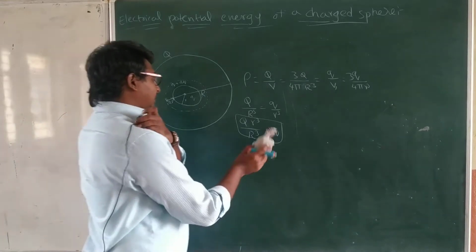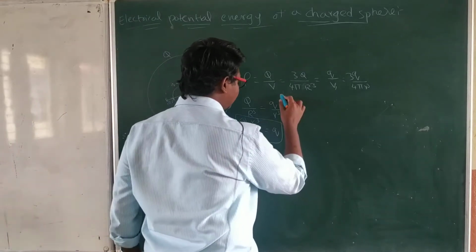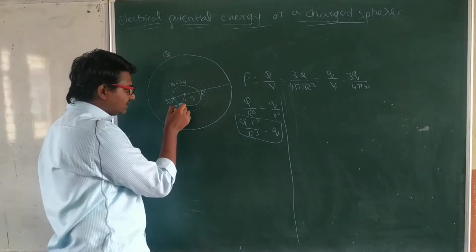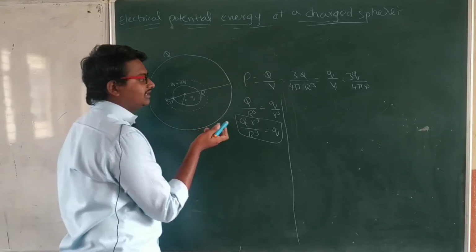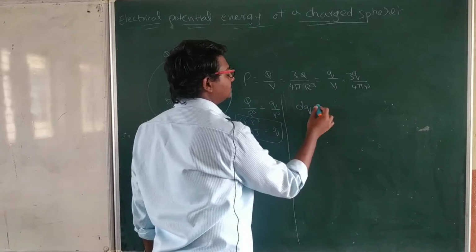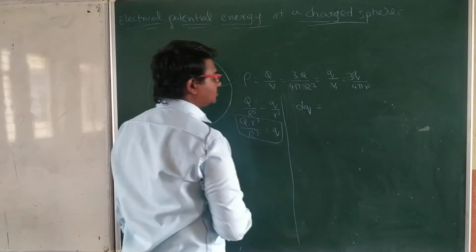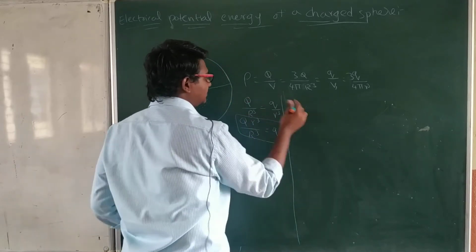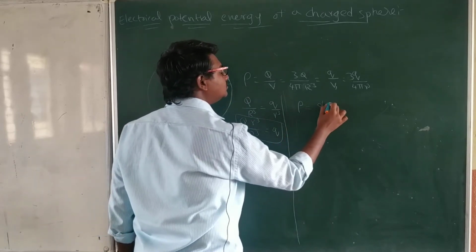Fine. Next we need to consider the increased charge dq. What is dq? We need to find dq. Before going to dq, again we will consider this: rho is equals to dq by dV.